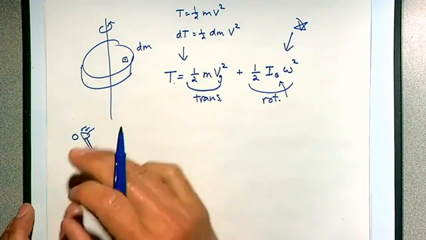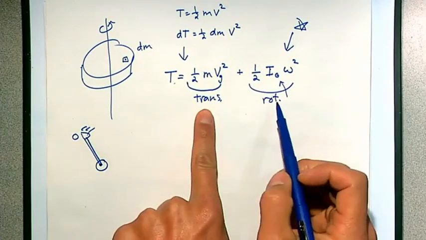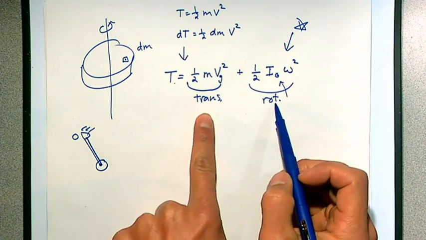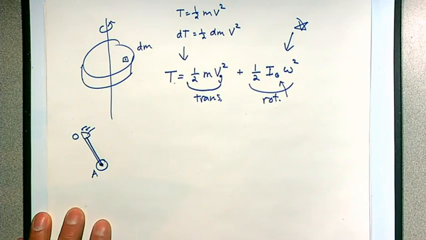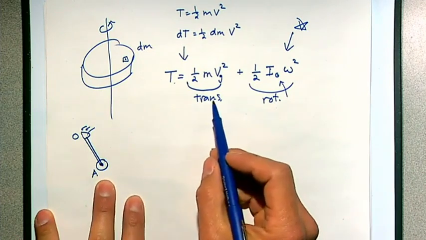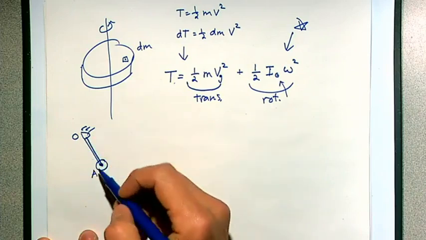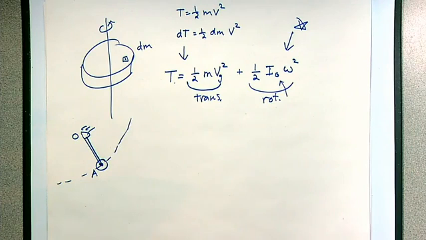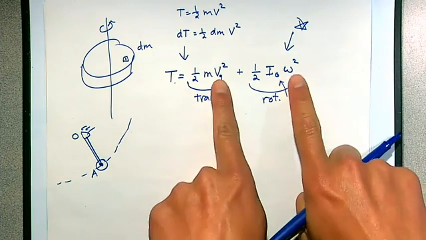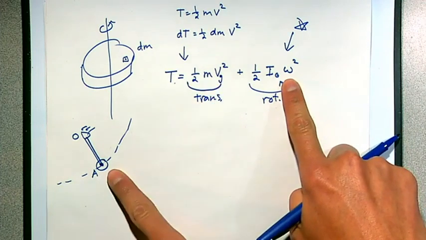If we're trying to find the energy for this, I've got to find the translation and the rotational part. If I just look at this big guy here, I have some disk at A. Its motion is linked. The rotation of this body, because it's pinned, and its translation, the fact that it's riding that circular path, they're not two independent variables. V and omega are coupled because I'm riding the circular path.